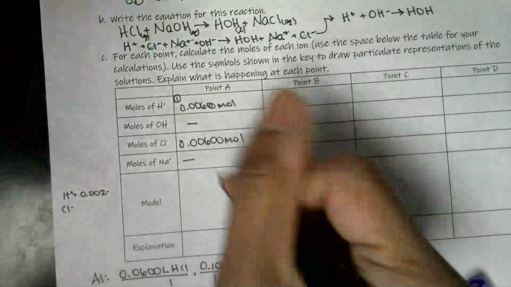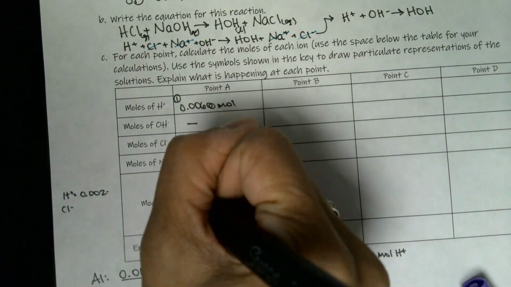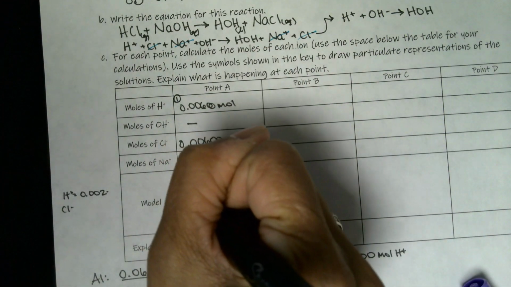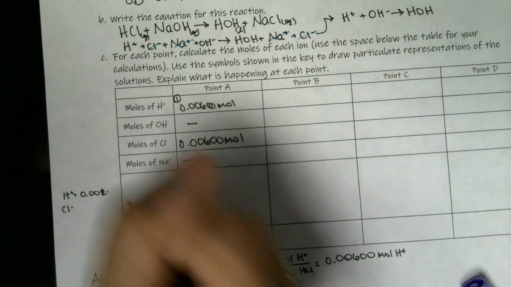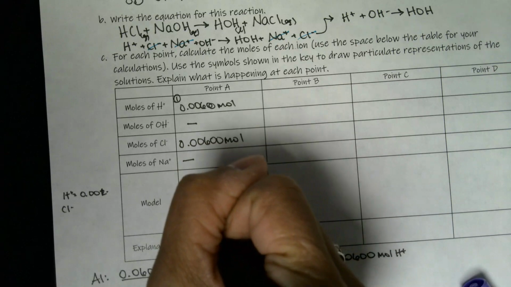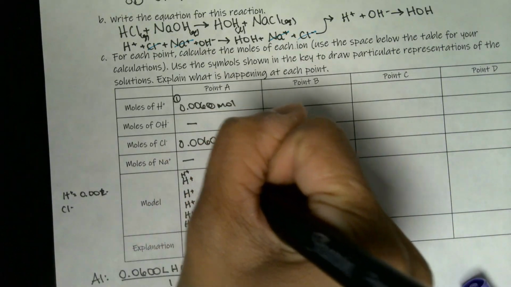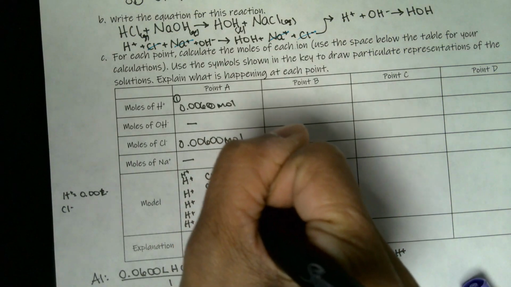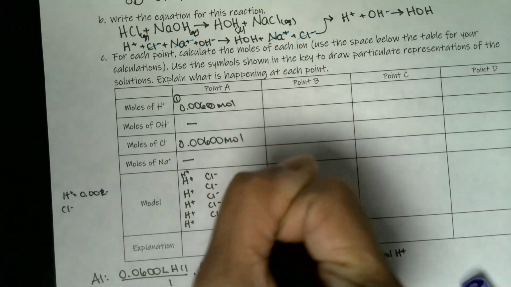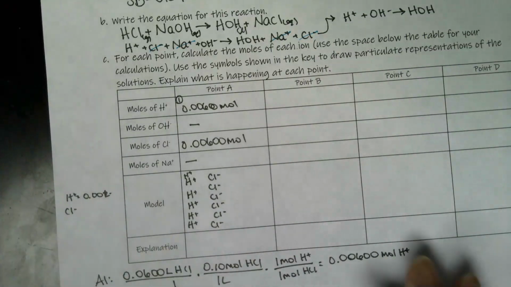Actually, let's make it easier. Let's just make them each worth 0.001. So let's do all 6: 1, 2, 3, 4, 5, and 6, and I'll do the same thing for Cl. Note that these would be all over the beaker. I just want to show them like this because it organizes our information a little better.